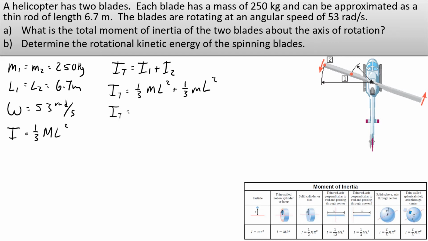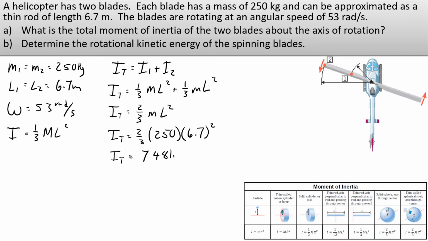So if you want, you could combine them. 250 times 6.7 squared. The total moment of inertia is about 7,481.7 kilogram meters squared. Normally we would round it. I like to keep it long because we're going to do part B and I don't want to round that answer.